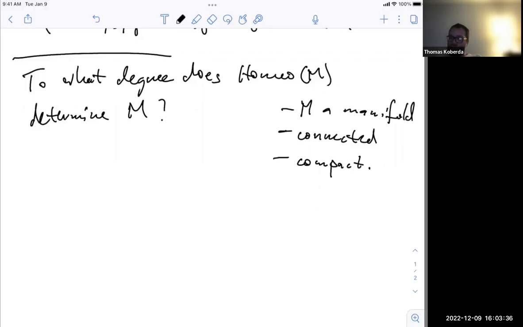Maybe to motivate the discussion, I'll start with a classical theorem from the 1960s, a theorem due to Whittaker.